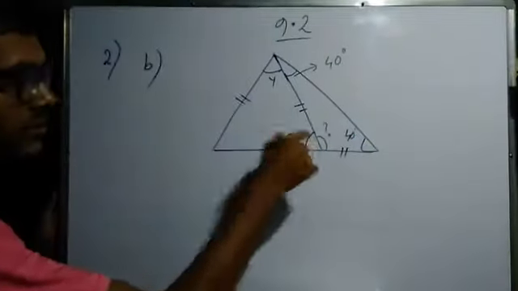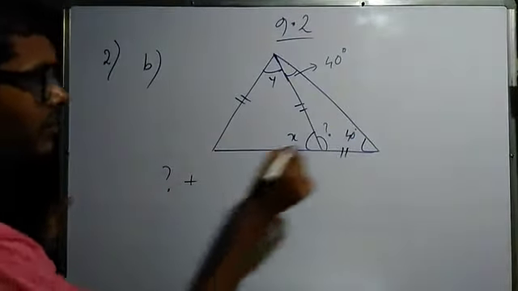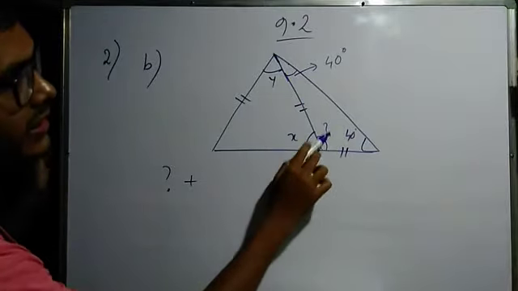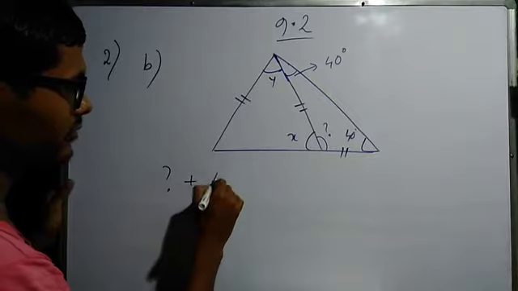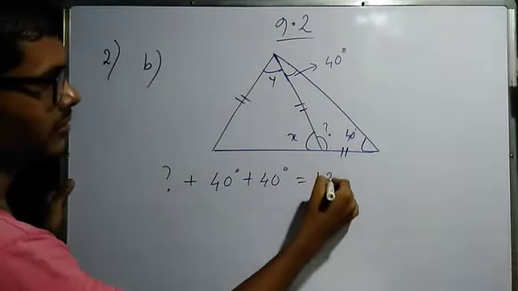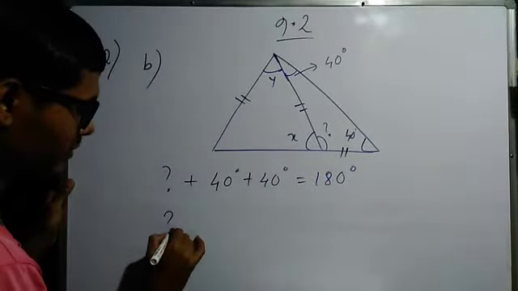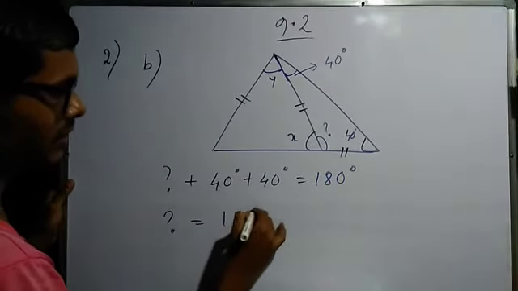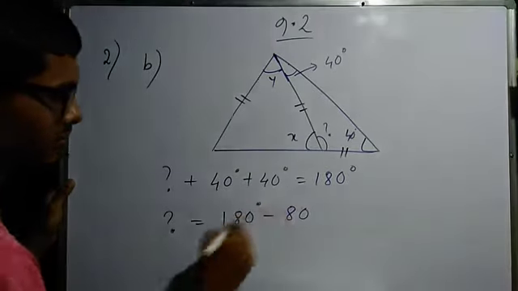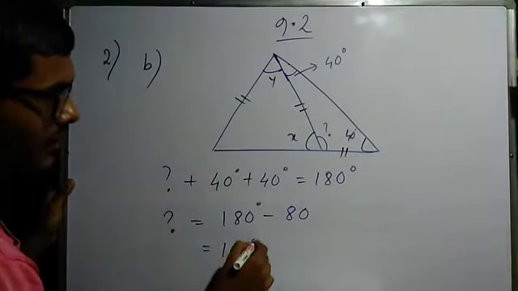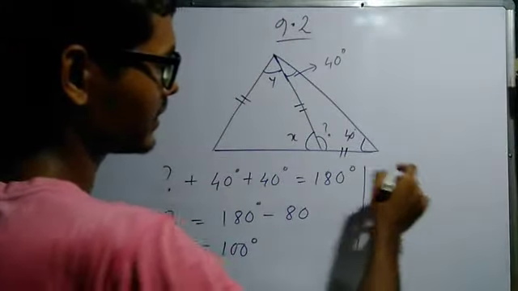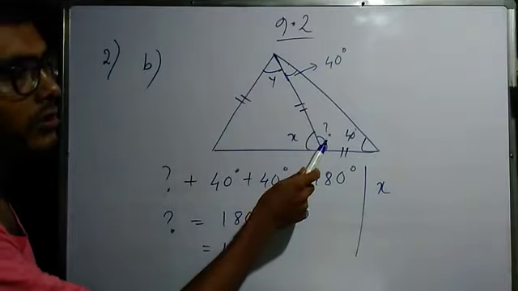If you add all three angles of this triangle, you will get 180 degree. So 40 plus 40 plus question mark equals 180 degree. What will be the question mark? 180 minus 40 plus 40, that is 80. So it will be 100 degree. So x, how much? This question mark angle we got is 100 degree.